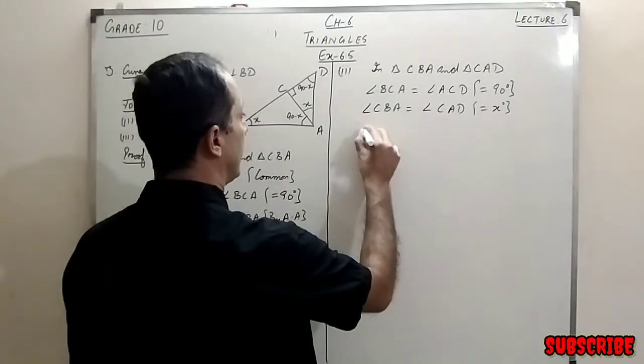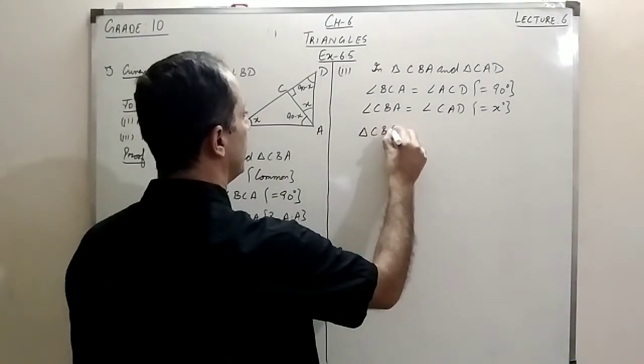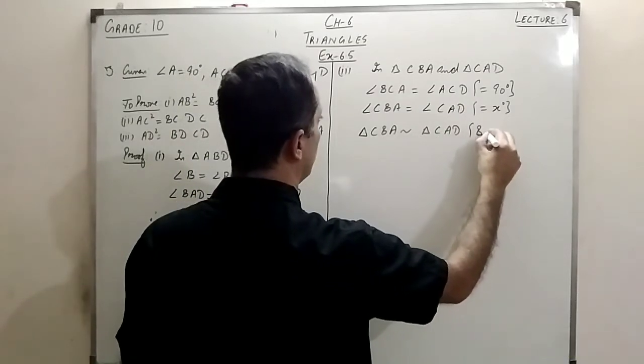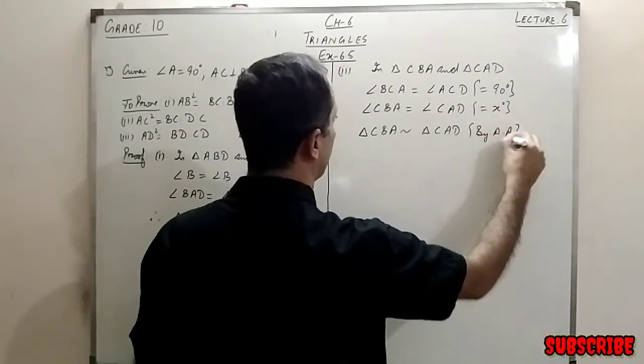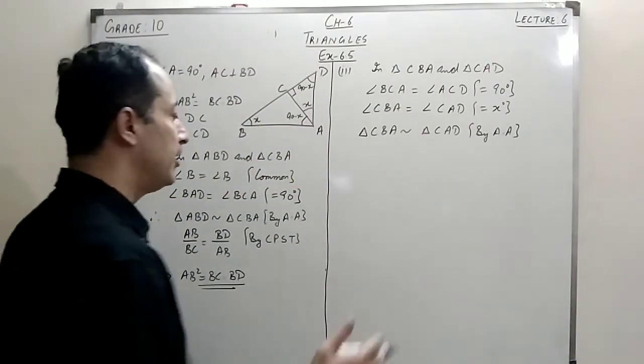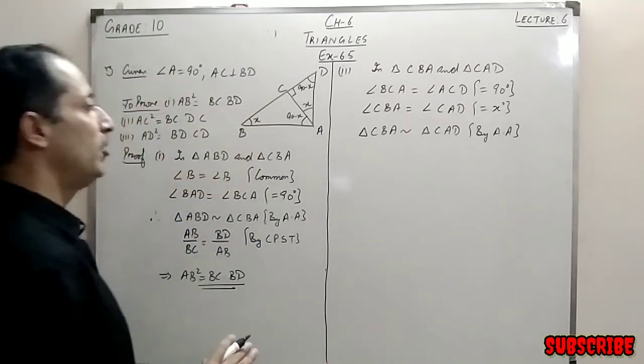So, I write here triangle CBA is similar to triangle CAD, and the property which I apply is by AA similarity. Now, when I apply AA similarity, triangles become similar, so the ratio of the sides is also equal.